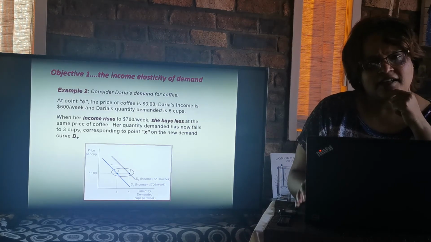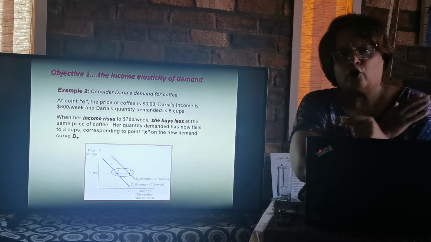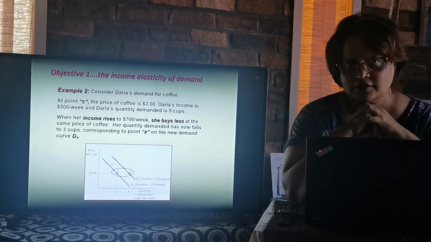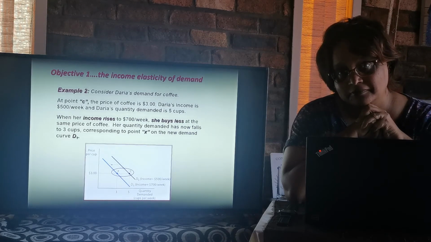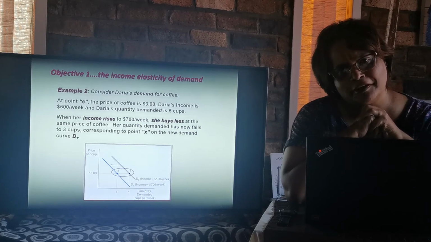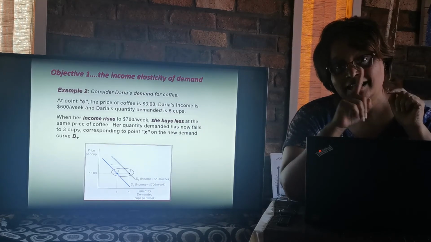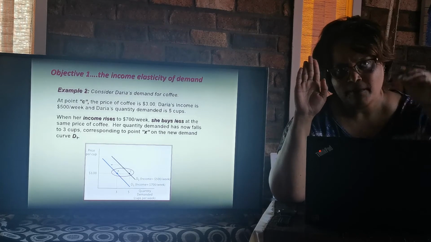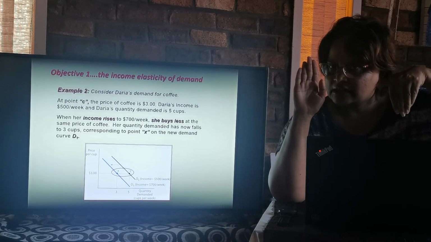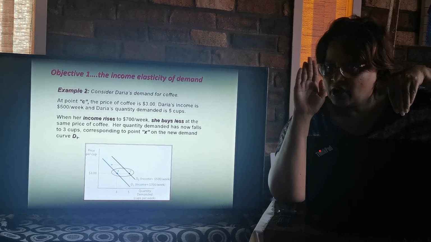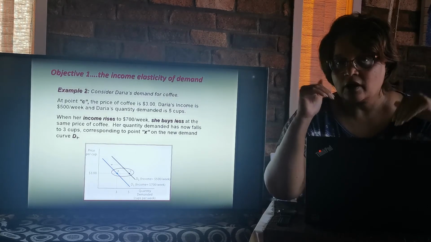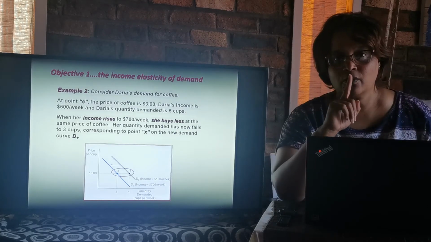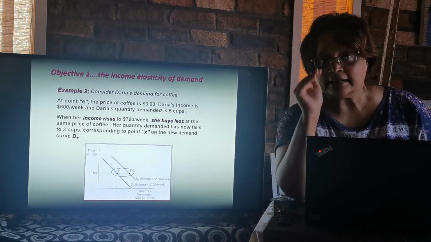Do we say that she has a coffee patch on, or is she just wanting to save her money for something else? Or is that coffee not important anymore? Now, we still have an increase in income, but a decrease in quantity demanded. The price remained the same. Now it's an inverse relationship. So now the end result is negative.